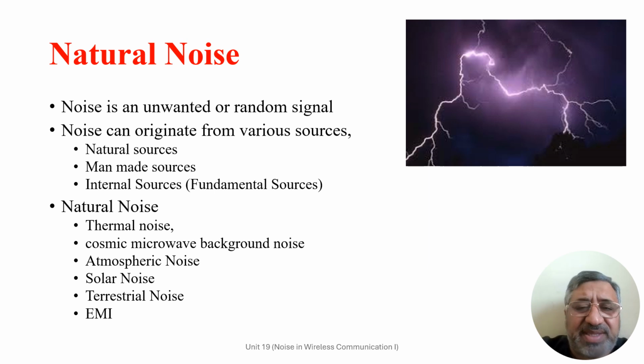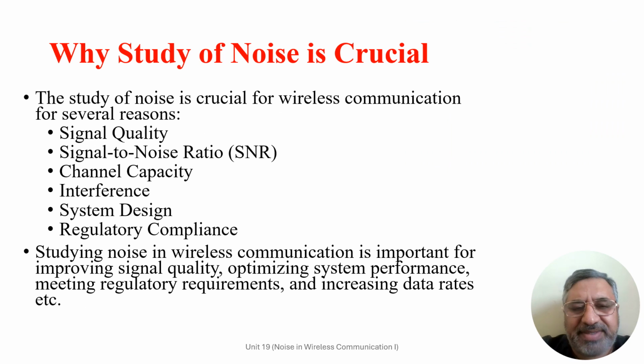Electromagnetic interference, EMI, can arise from natural sources such as lightning and storms. These sources generate electromagnetic fields that can interfere with the wireless communication system. These are a few examples of natural noise, but there are many other noises which we are not discussing.